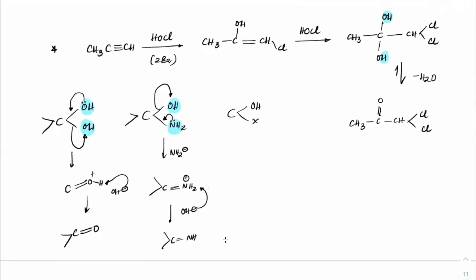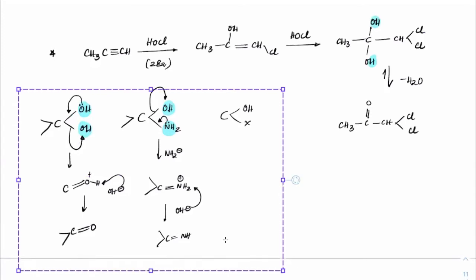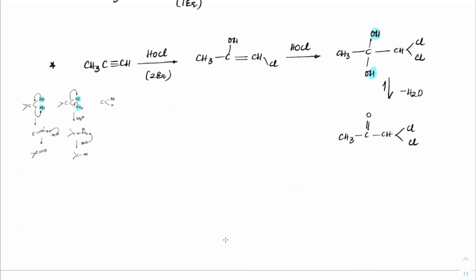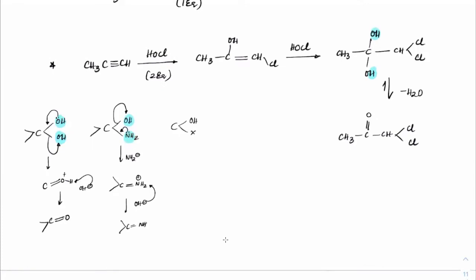Clear, beta? So every time you have two OH groups, or OH and NH2, or any two lone pair containing groups, they'll always be pushed to get a more stable double bond O or double bond N. In case it is NaOH solution, then NH2 will be released.